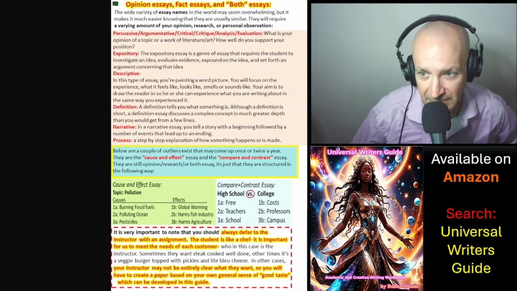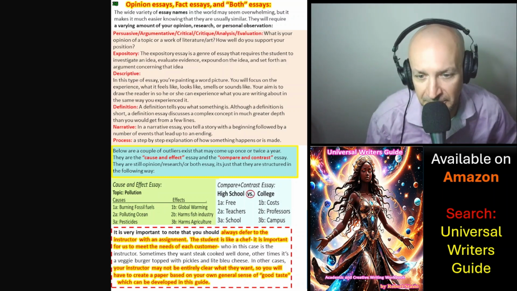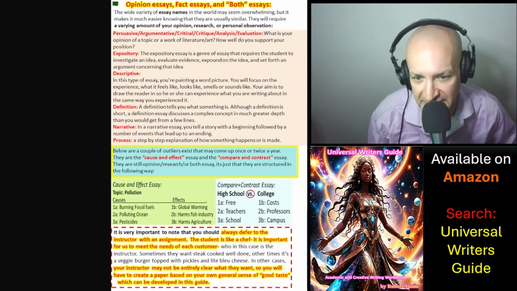A, B, and C might be microplastics. Detail B might be chemicals, and detail C might be something about damage to the coral reefs, which I know is not good. Anyway, pesticides. So you'd have maybe 3 of those, and then do a separate box for the effects.